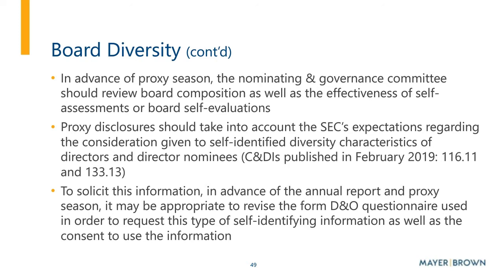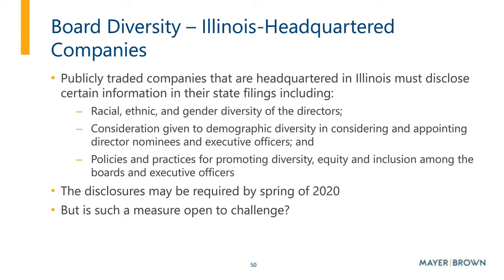And then, of course, in some states, we highlight on the next two slides, Illinois and California, there is legislation that imposes particular requirements. So the Illinois legislation, which is very briefly summarized on the next slide, doesn't require a particular number of diverse candidates to be included, but certainly requires much more detailed information.